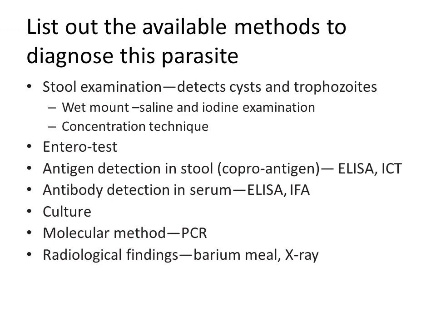List out the available methods to diagnose this parasite. Stool examination: by using this, we can detect the cyst and trophozoite by preparing a wet mount with saline and iodine. Concentration technique: when the stool sample contains a low amount of parasitic stages, we go for the concentration technique, which concentrates the parasitic stages so we can easily observe them. Entero-test.